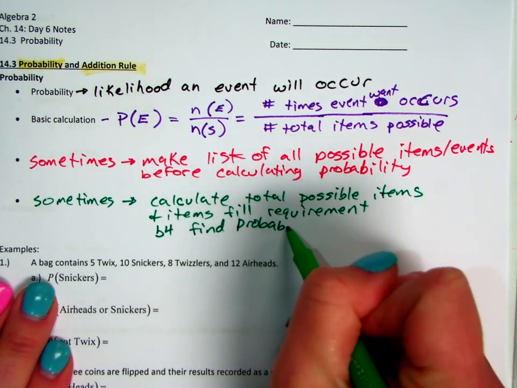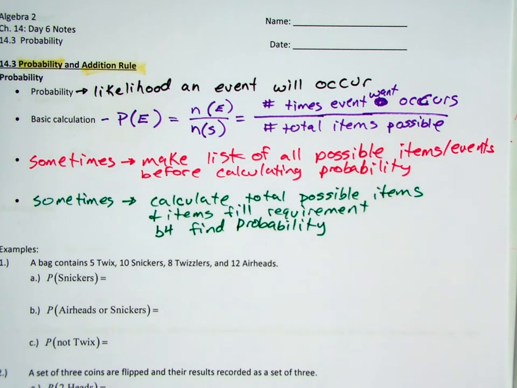And that's going to be a big deal today. Looking at them and saying, hey, what are the number of events that would make what we want to happen happen? What are the total number of events?